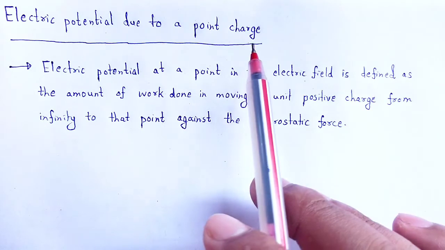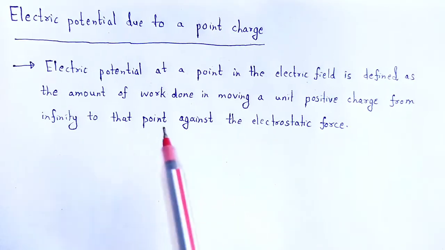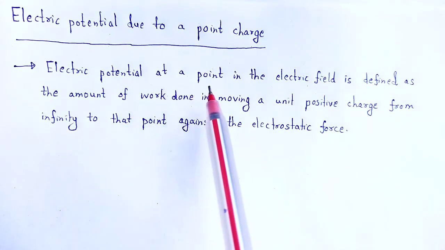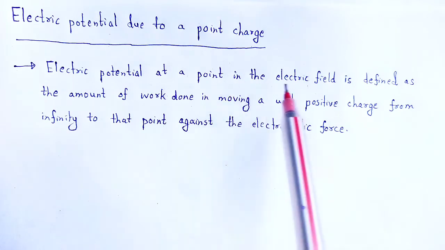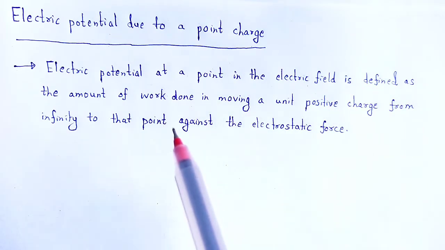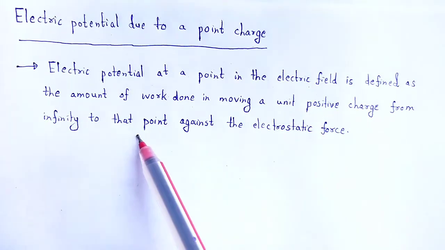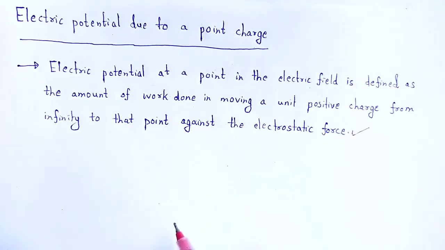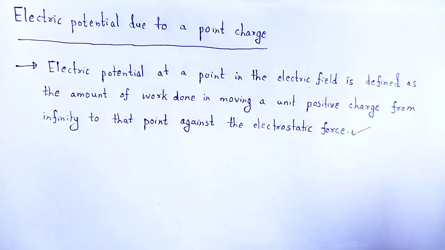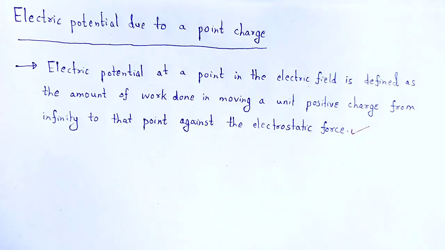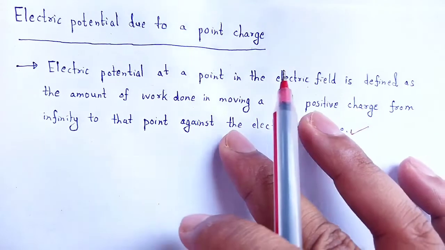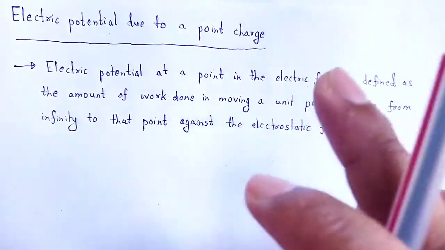Here electric potential due to a point charge can be calculated as the electric potential at a point in the electric field is defined as the amount of work done in moving a unit positive charge from infinity to that point against the electrostatic force. How much amount of work is done when we have to move that unit test charge from infinity to that point due to that point charge.